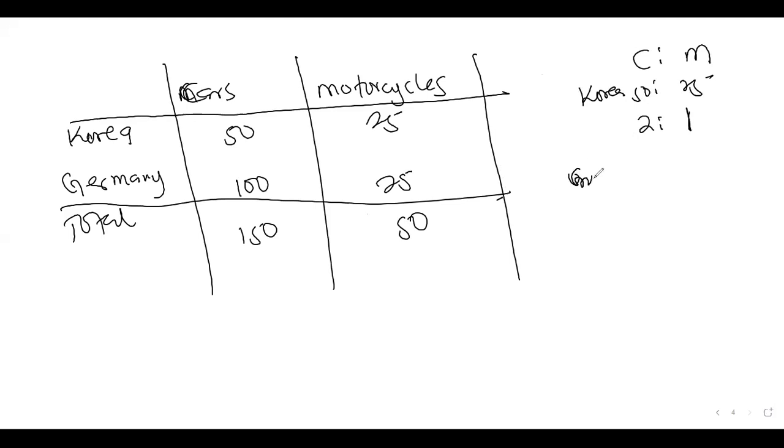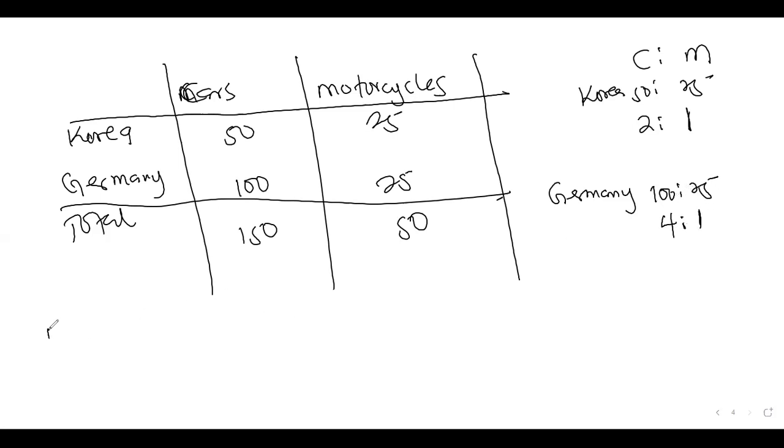And for Germany, it is 100 to 25. When you simplify this by dividing both sides by 25, you get 4 to 1.